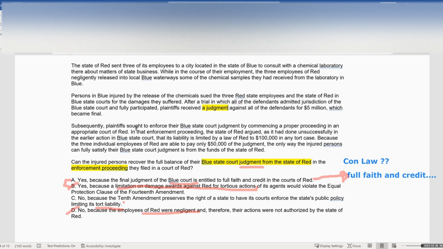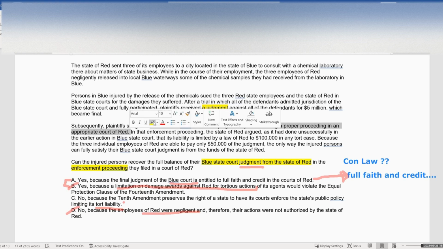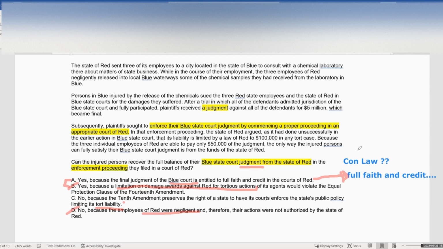Subsequently, plaintiffs sought to enforce their blue state judgment by commencing a proper proceeding in an appropriate court in red. And this is the key. Again, this is triggering the full faith and credit clause, and it's confirming to us that they're testing us on the full faith and credit.